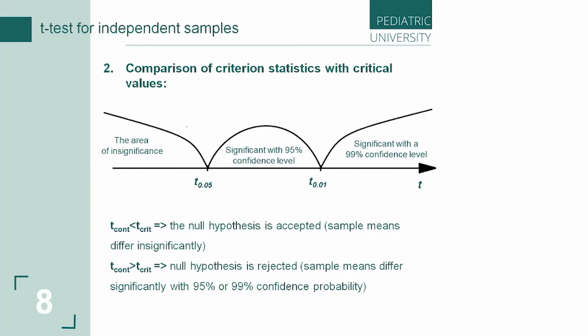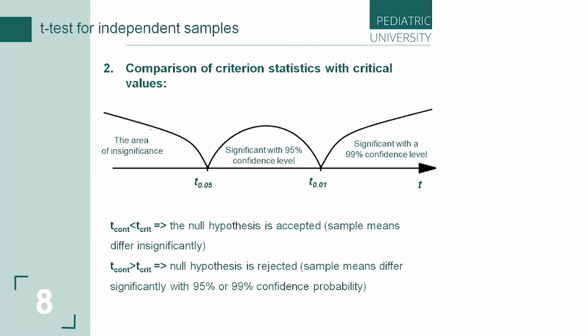If the control value is less than the critical value on the left side of the chart, then we accept the null hypothesis and say that the sample mean values don't differ significantly. That is, the groups don't differ very much.